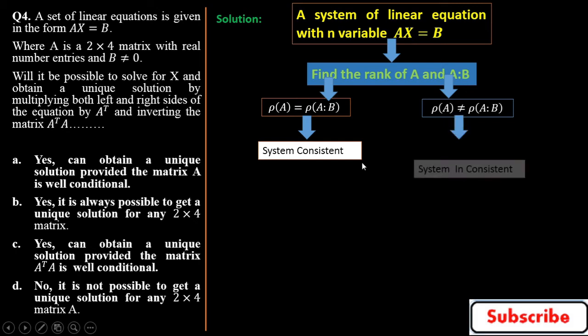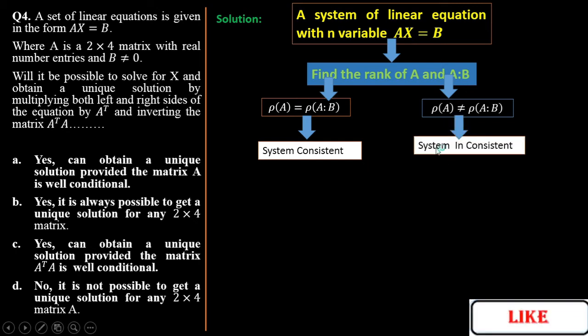If not, then the system is inconsistent. If it is inconsistent, then there will be no solution of the system of linear equations. So if we prove it is inconsistent, there is no solution, whether unique or not.